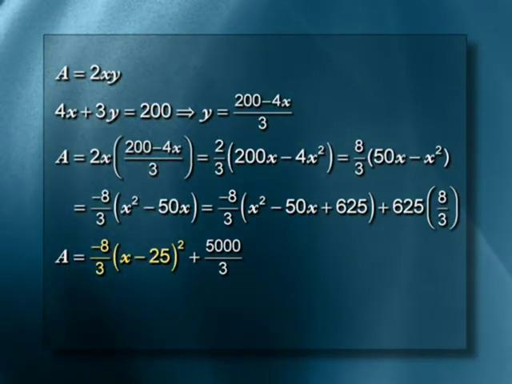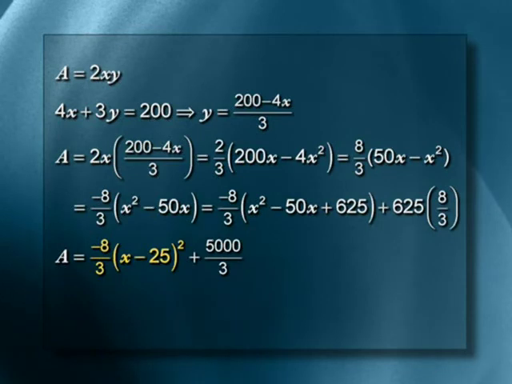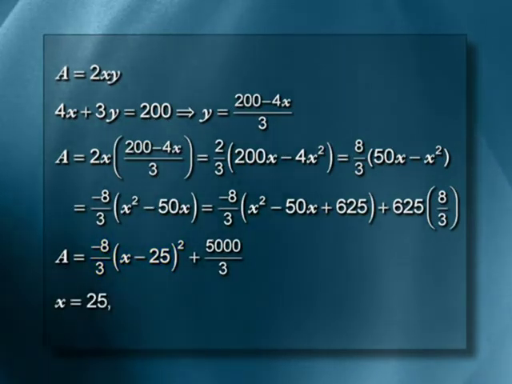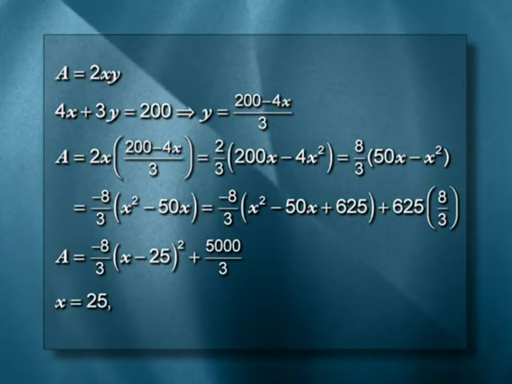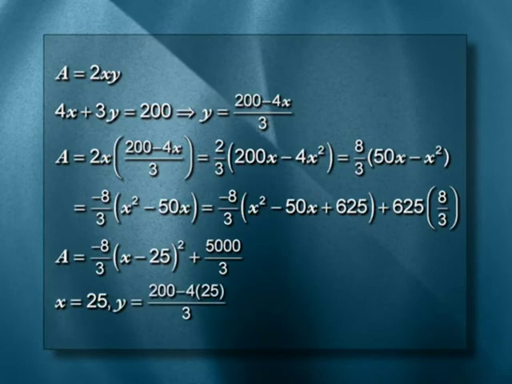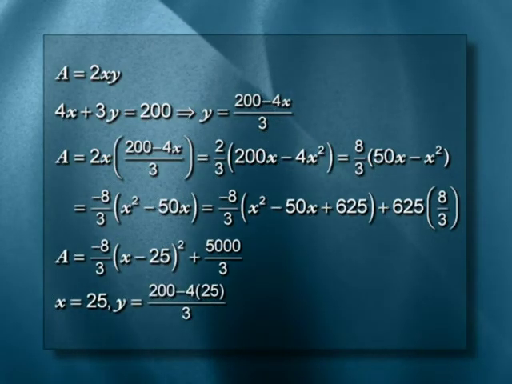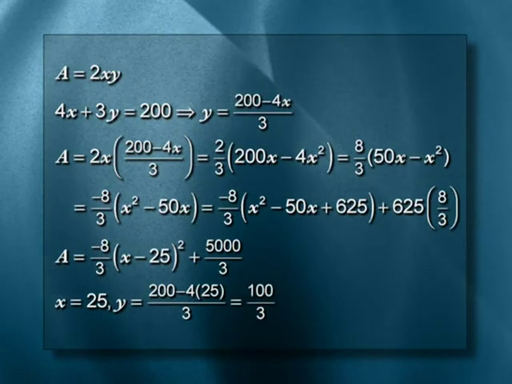Well, notice that the minus 8/3 x minus 25 squared is at best 0, otherwise it's negative. So let x be 25, and that will maximize A. And with picking x 25, you can calculate the y value. It'll be 200 minus 4 times 25, all divided by 3. So y turns out to be 100 over 3.